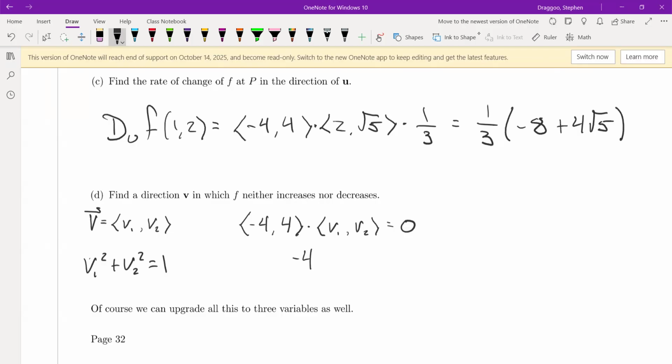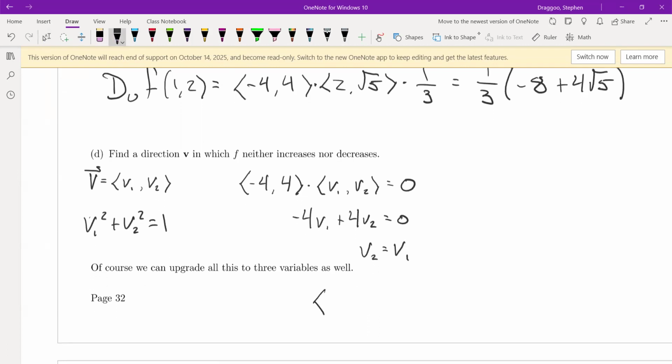Which gives me the equation -4v1 plus 4v2 is 0, which means that v2 and v1 have to be equal. So maybe the simplest vector you could come up with, instead of needing to go solve that other equation, you might be thinking, just 1, 1 works really well for our direction, since v1 and v2 are equal.